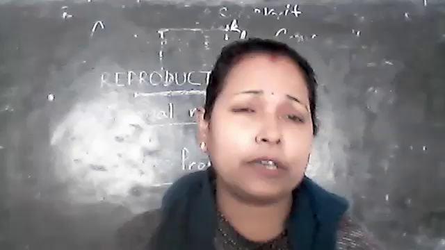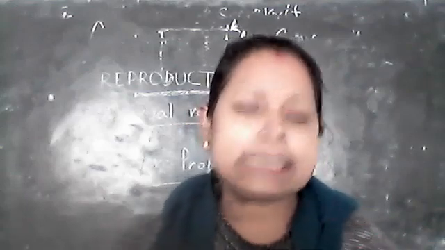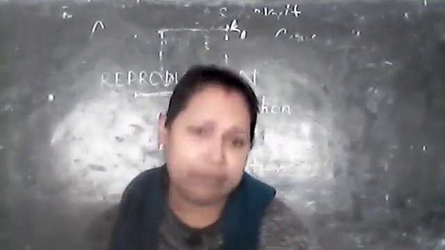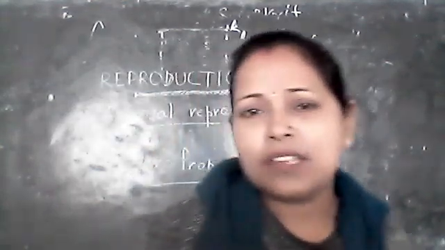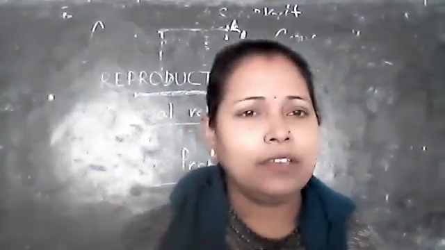So far we have discussed the modes of asexual reproduction, and now we are moving on to our next topic, that is sexual reproduction. Okay, in plants also sexual reproduction is there. So the reproductive part of a plant is, which part is called reproductive? Flower. Flower, very good.